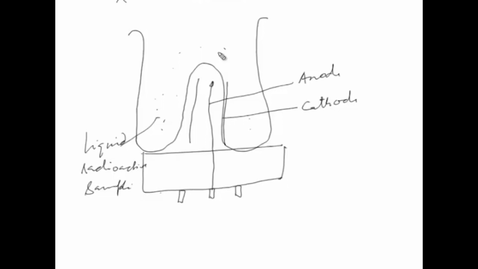All right. Before we go on, another important part is that in these GM counters there is a particular operating potential. If you recall this curve here, it looks something like this, with a proportional region, then the GM counter region, and then a continuous discharge.